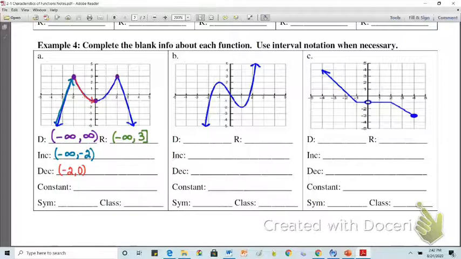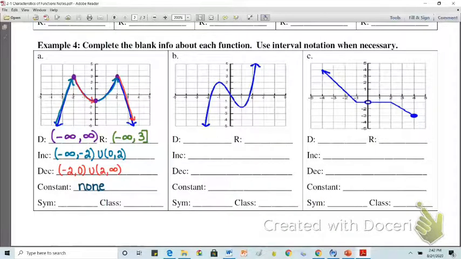Then flips back up, so it is increasing. So that is 0 to 2. And goes down, so that is decreasing. So that's 2 to infinity. And it is constant. It is not constant anywhere, so we will put none.